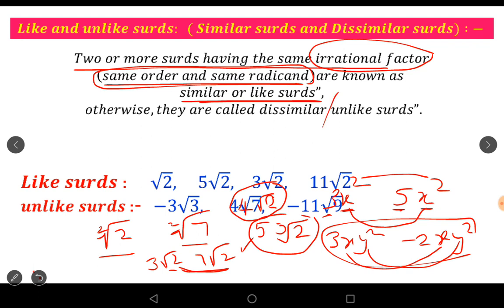In algebra, the algebraic factor is the same; here, the irrational factor is the same, meaning the same order and the same radicand. Those are like surds. Otherwise, unlike surds. For example, root 2, 5 root 2, 3 root 2, 11 root 2 are like surds. Minus 3 root 3, 4 root 7, minus 11 root 9 are unlike surds.